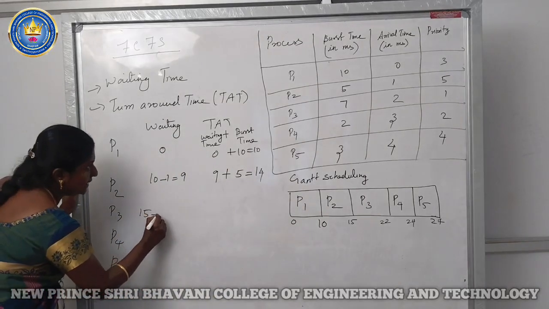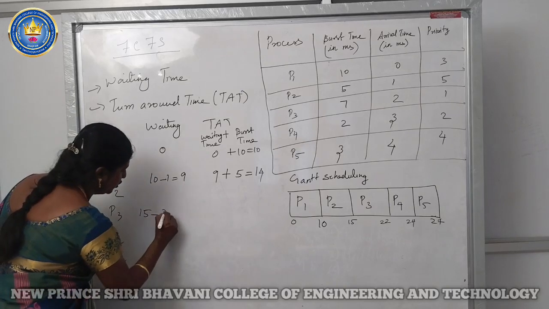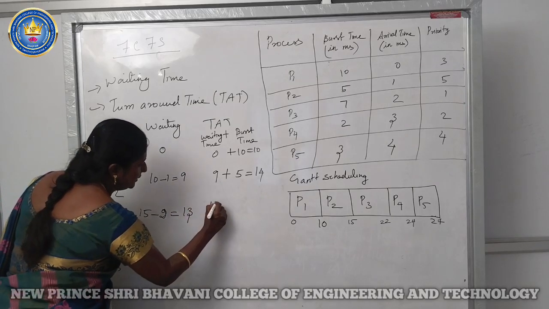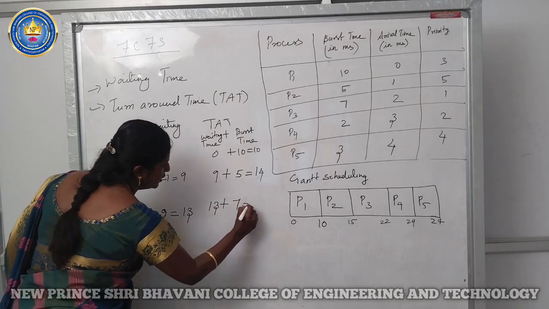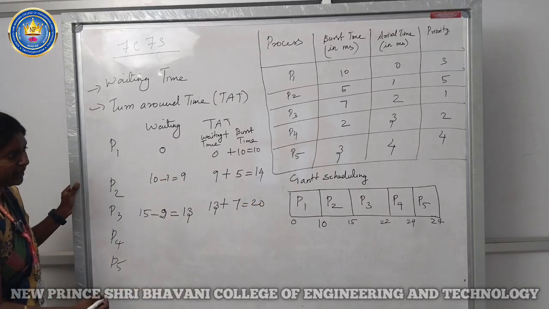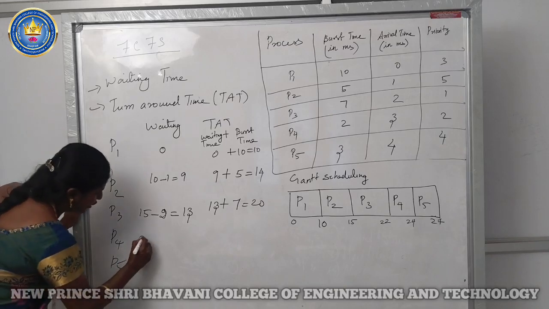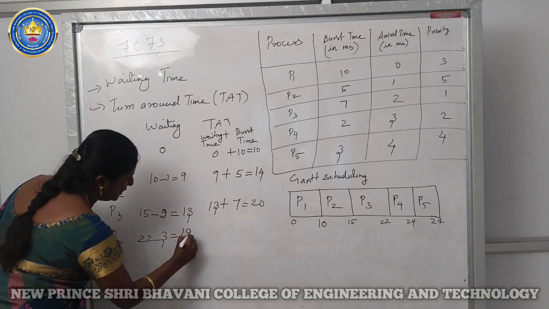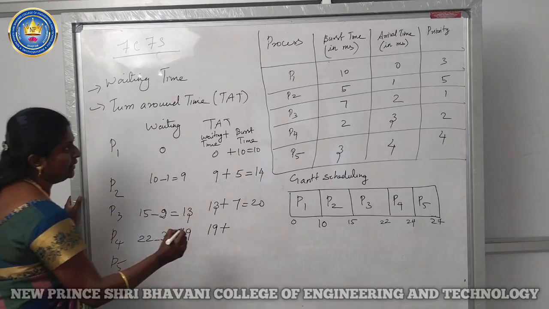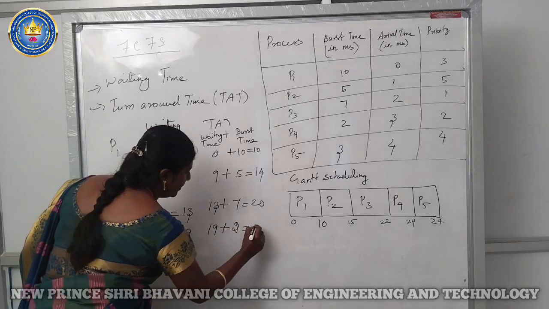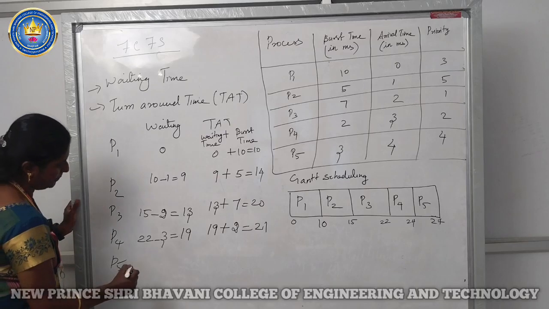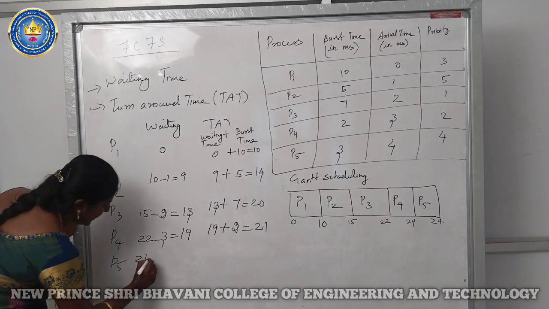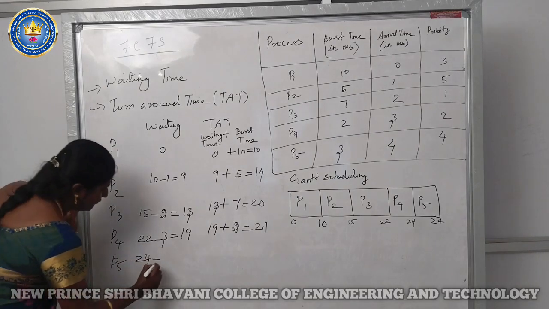So 15 minus the arrival time 2, the waiting time for P3 is 13, and the turnaround time is 13 plus 7, which is 20. Then the waiting time for P4: 22 minus the arrival time 3, so 19, plus the burst time 2, so 21. For P5, the waiting time: the CPU is allocated at the 24th millisecond, and it was available in the queue at 4 milliseconds.